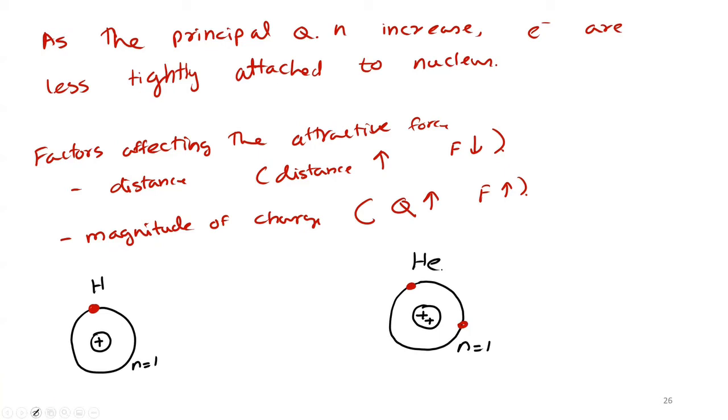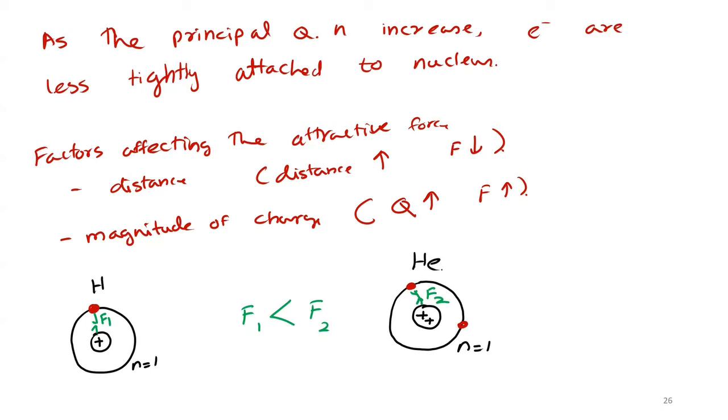The attractive force, if I call it F1, and this attractive force between the helium electron and the nucleus, F2, we can say that F2 is stronger than F1.